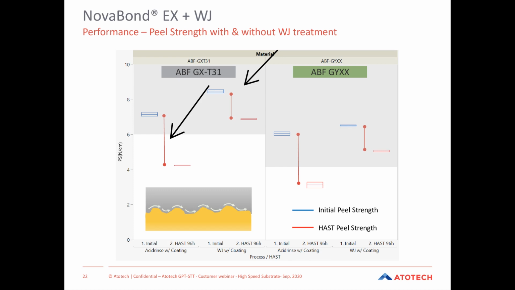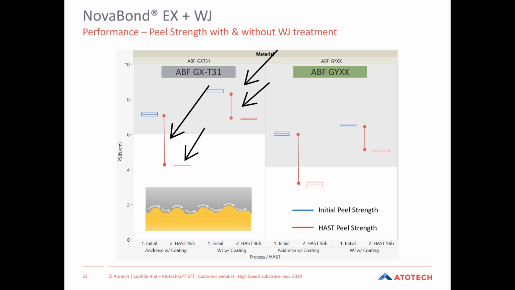But when we look at the HAST, or after the humidity test, you could see a significant drop if we don't apply the WJ pretreatment. So 50%, half of it already gone. But when we apply the WJ pretreatment, the drop is not significant. It's only around 1 Newton per centimeter. Usually we define that as an error in our measurement.